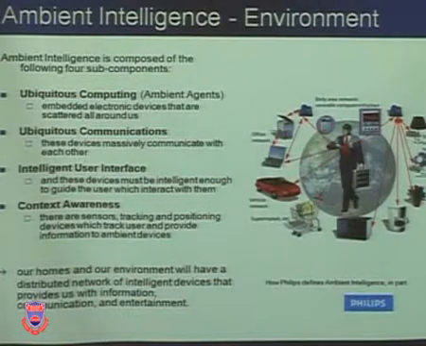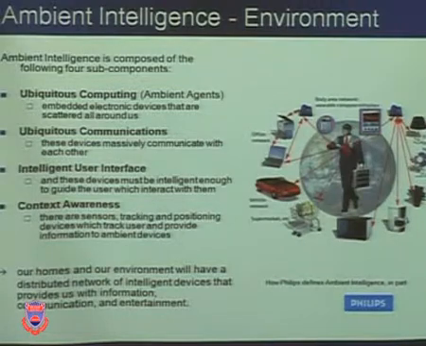This is the view from Philips. It consists of 4 important entities. First of all, ubiquitous computing. You need the devices, the ambient agents that people can carry. These devices communicate with each other in an intelligent way.